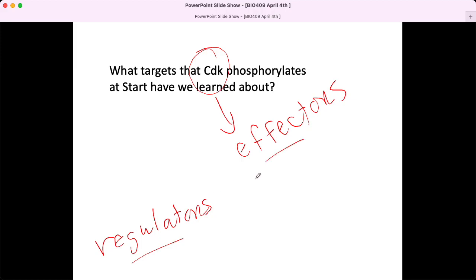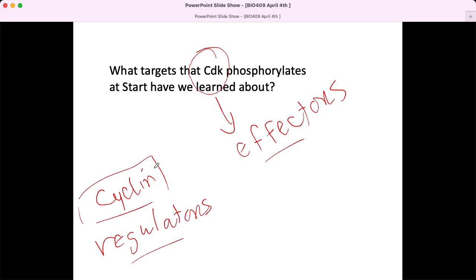A regulator would be something like a cyclin. What is cyclin's function? Only to regulate CDK. What is CDC25's function? To regulate CDK. So there are regulators like that. Transcription factors are regulators.